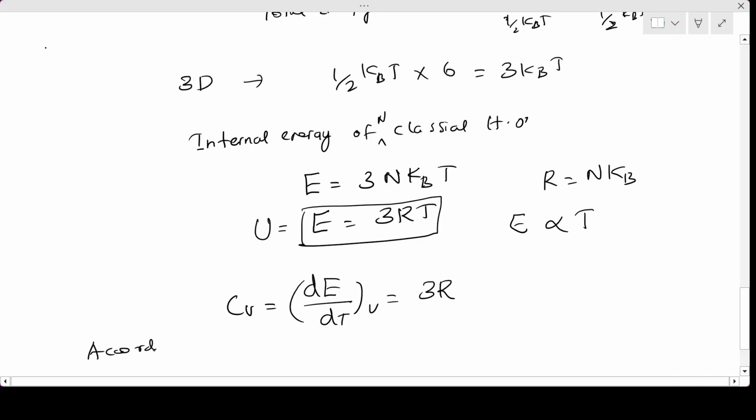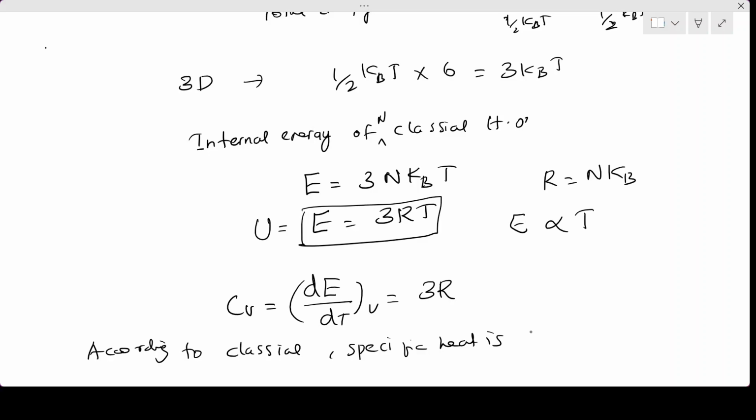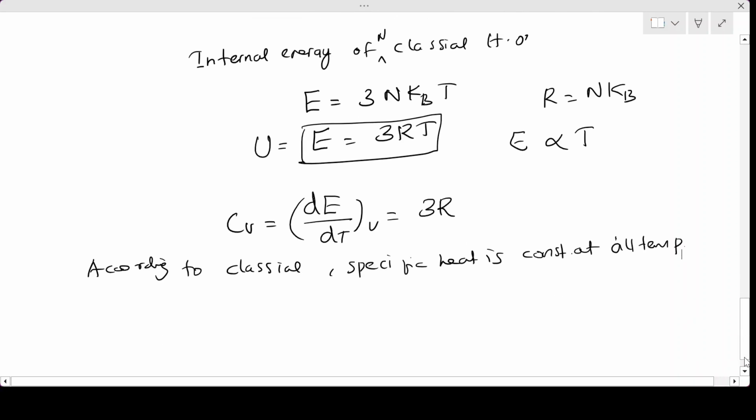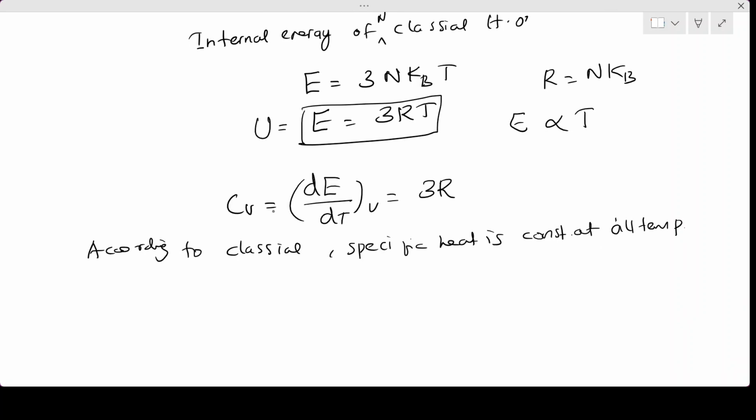So according to classical theory, the specific heat is constant at all temperatures. That is what this equation is saying: Cv is a constant value.